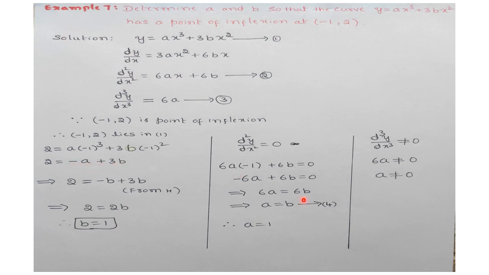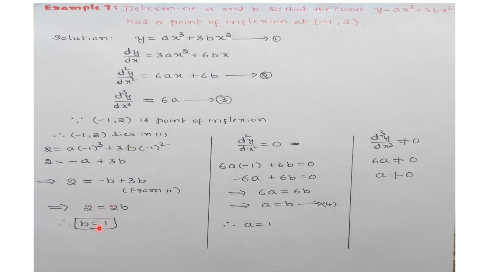Now see equation 4. Equation 4 says a = b, isn't it? Therefore, put a = b in this equation. Putting a = b, you will get -b plus 3b. Therefore, 2 = -b + 3b = 2b.